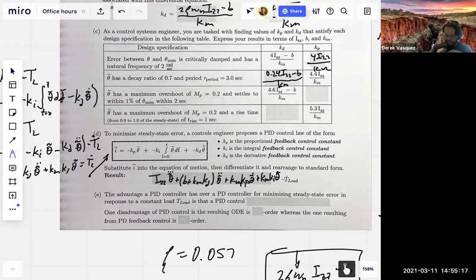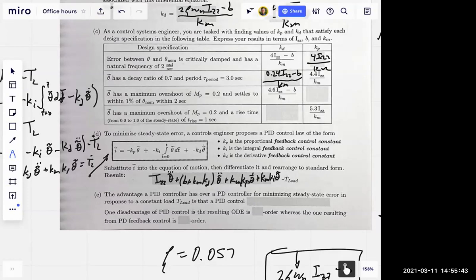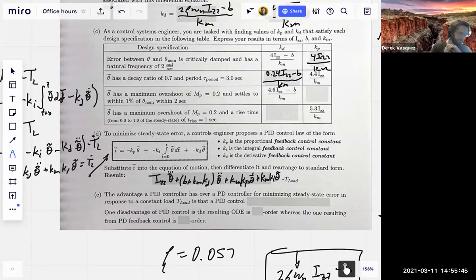Okay, so this last bit right here, really quick. The advantage of a PID controller over a PD controller for minimizing steady state error in response to a constant load is that a PID control, do you know what PID control does to steady state error? Doesn't it make it go to 0 or something? It does. It eliminates the steady state error.